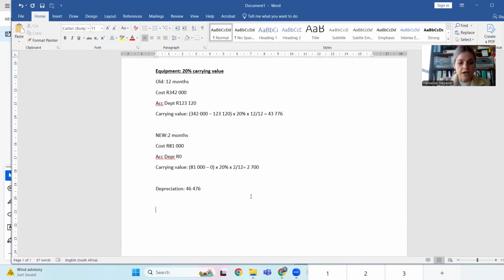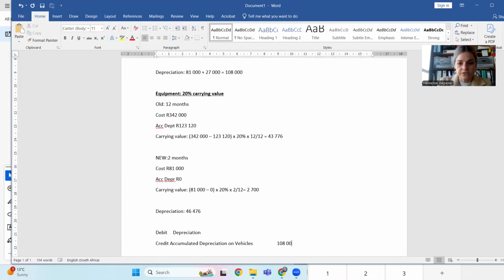So 46,476 Rand. So I'm going to debit my depreciation account with the depreciation on vehicles, first of all. And that was 108. So it's a total of the old and the new.